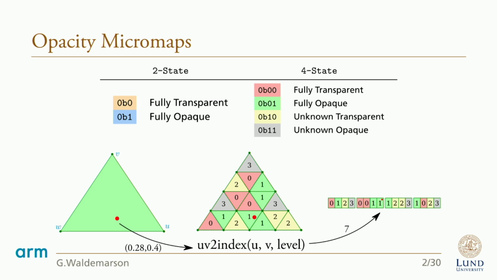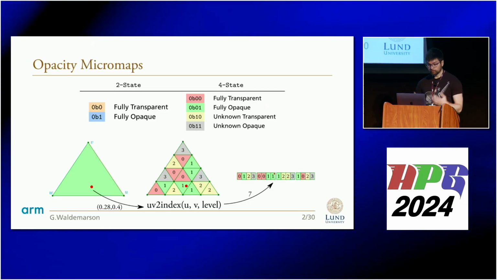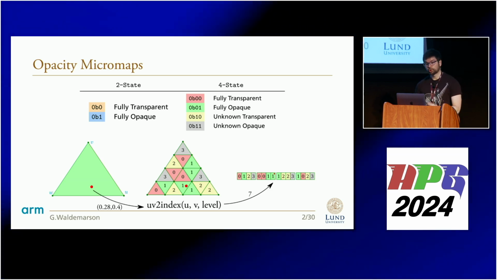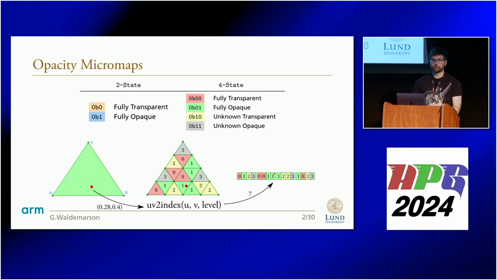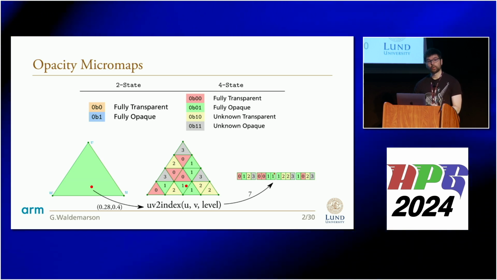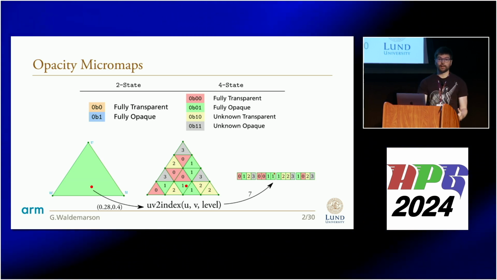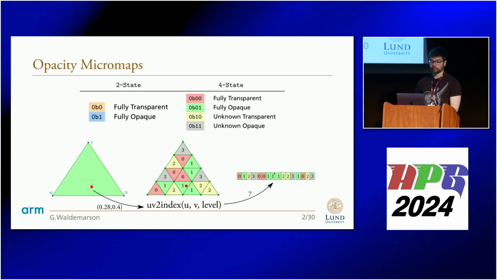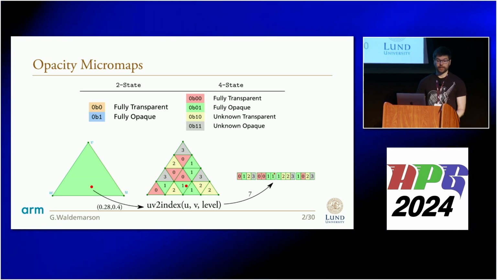For instance, by calling the AnyHit shader in the ray tracing pipeline and looking it up in an alpha texture. Additionally, these values also have a fourth value to allow you to convert it back into a 1-bit state. For instance, when you want to reuse a particular micromap in an algorithm where you don't actually want to call an AnyHit shader, such as when you are using shadow rays.